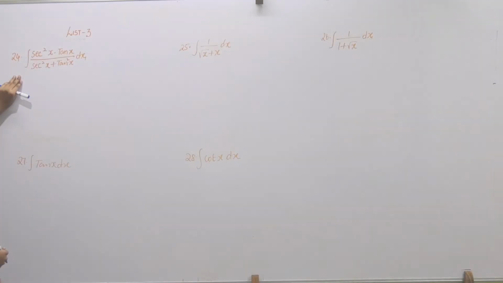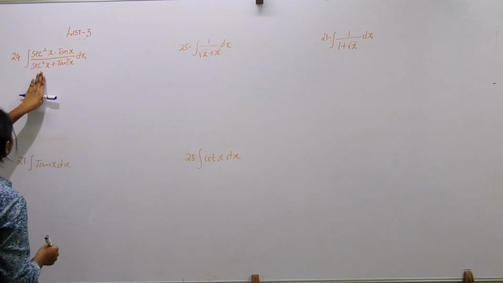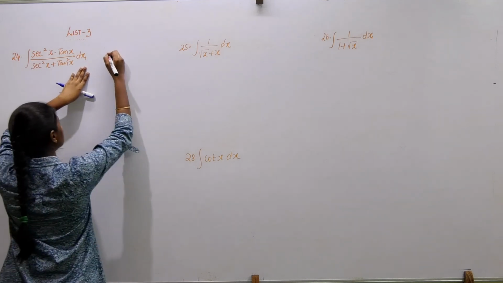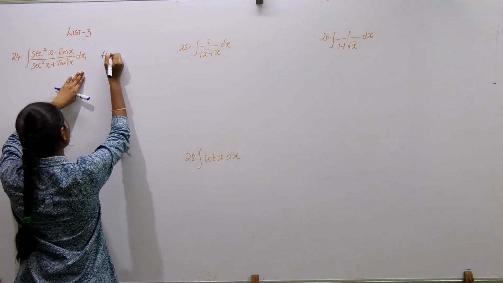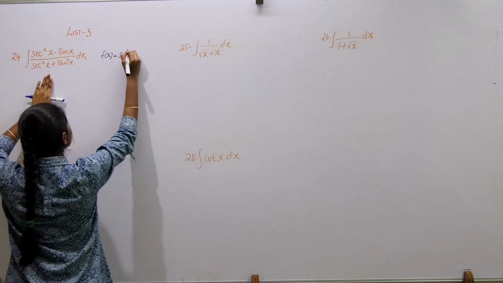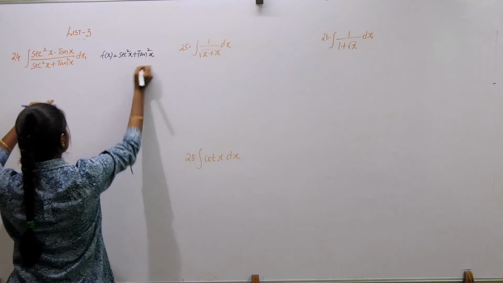Answer to the 24th one: integral of secant square x into tan x by (secant square x plus tan square x) dx. Here f of x is equal to secant square x plus tan square x.